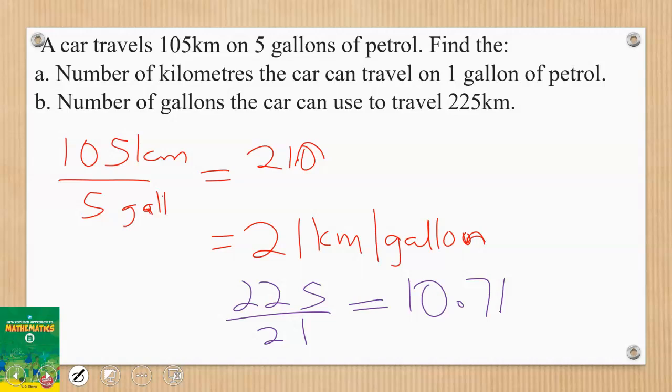So in this case, what we are saying is that the car will consume 10.71 gallons of fuel or petrol for traveling 225 kilometers. I'm sure this has really helped you to understand this concept. Thanks so much for watching.